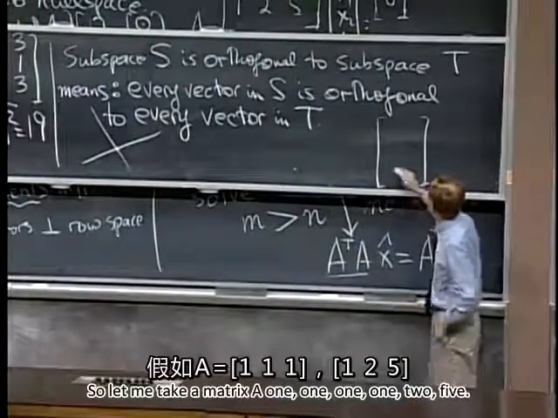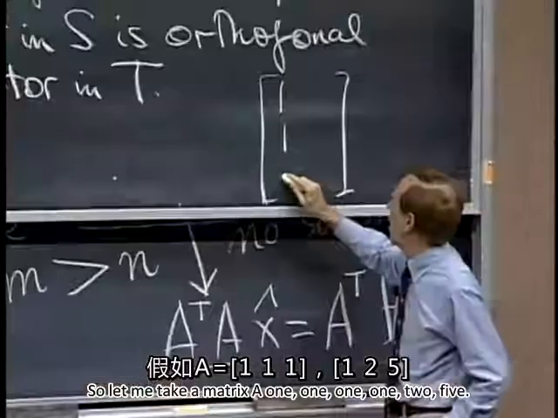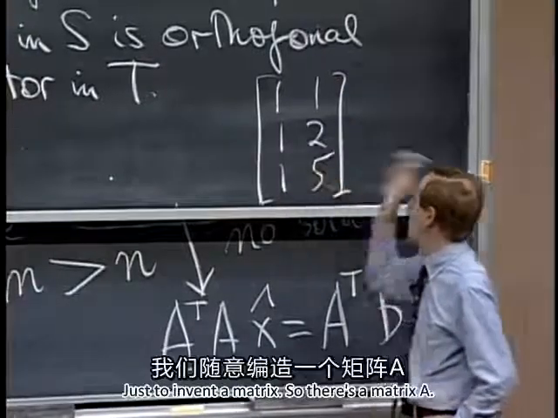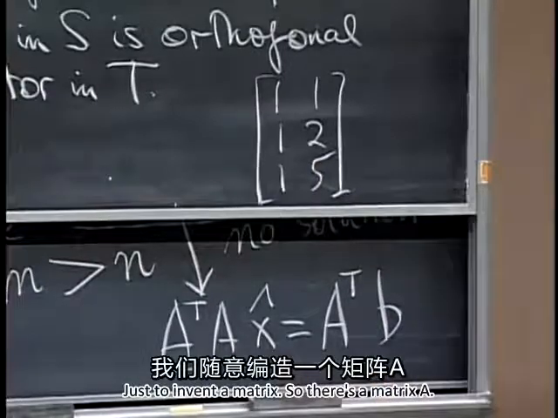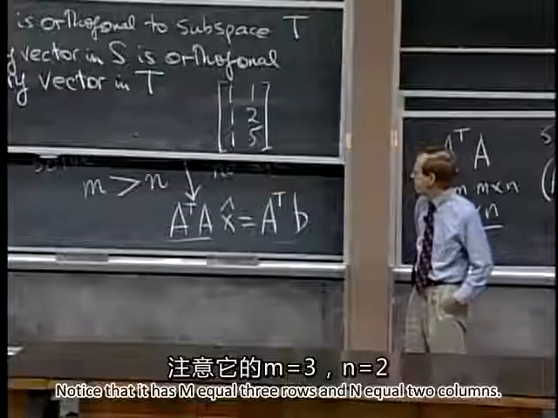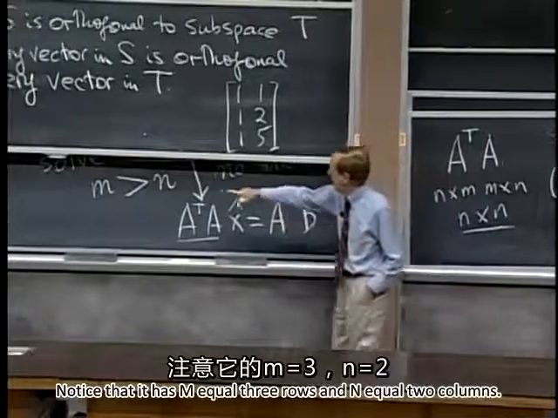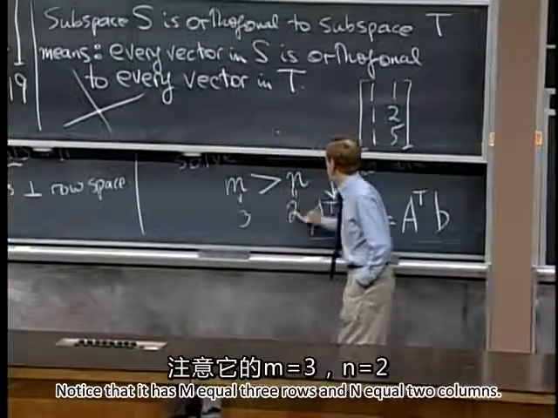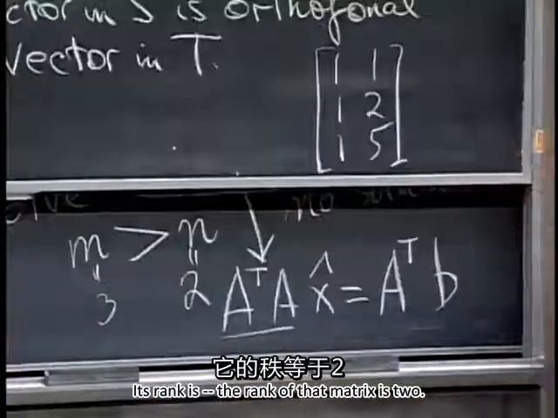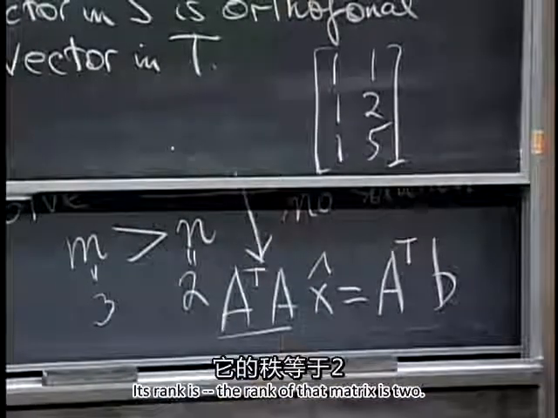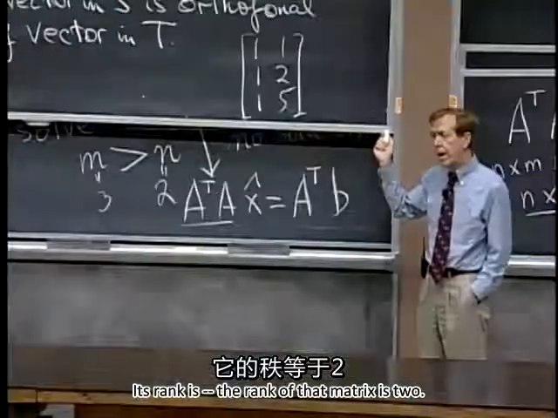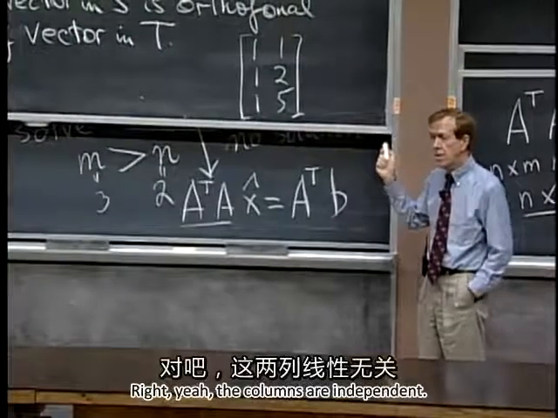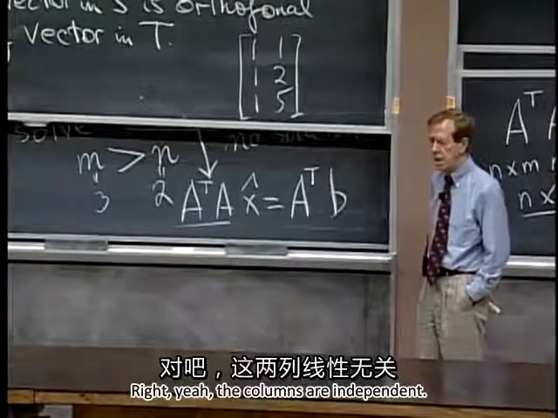So let me take a matrix A, 1, 1, 1, 1, 2, 5, just to invent a matrix. Notice that it has m equal 3 rows and n equal 2 columns. The rank of that matrix is 2, right? Yep, the columns are independent.